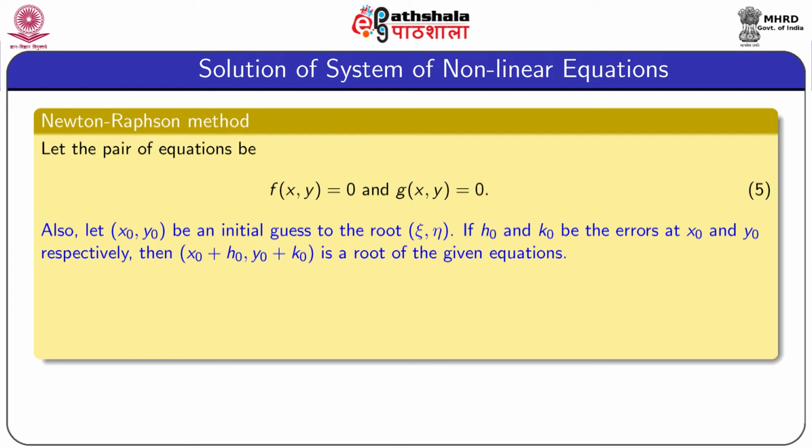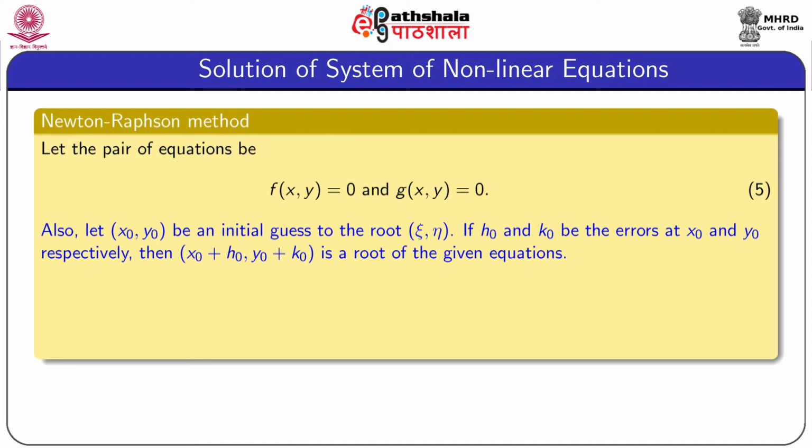Since x0 and y0 are an approximate root or initial guess, and if h0 and k0 are the corrections, and if the corrections are exactly evaluated from any method, then x0 plus h0 is the exact value of x and y0 plus k0 is also the exact value of y.